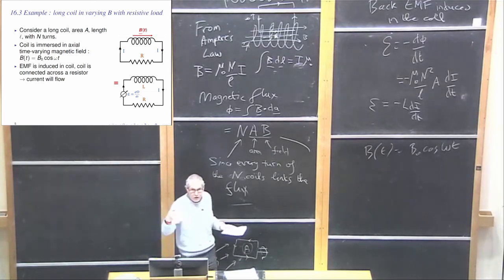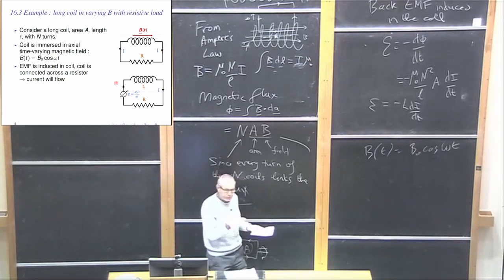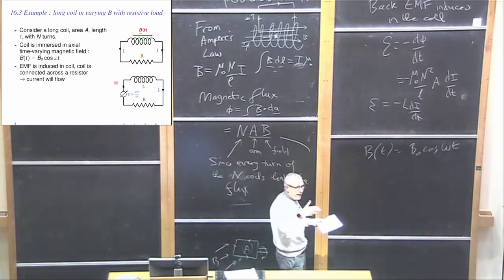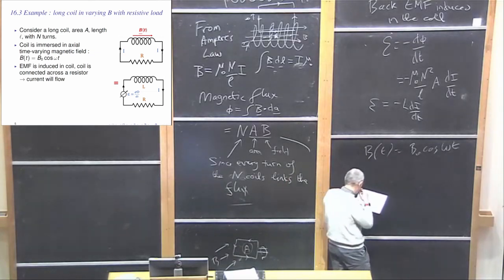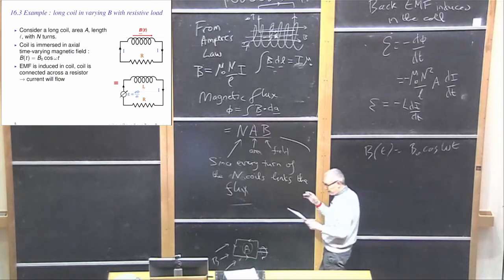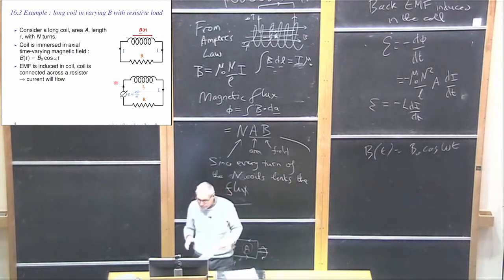So here we've got a time-varying field. It's slightly different from the examples we've had before, where we had motion. This time we're varying the field. It's exactly the same thing. We induce an EMF in the coil.